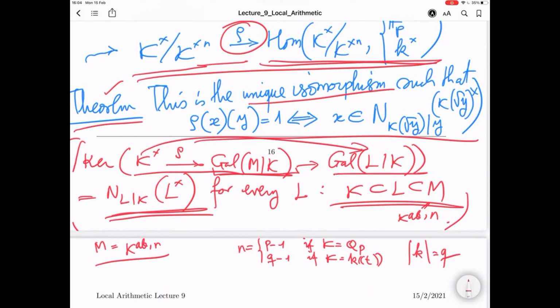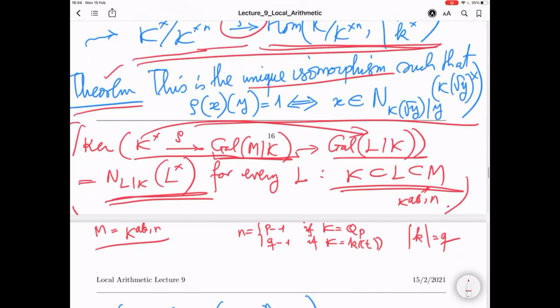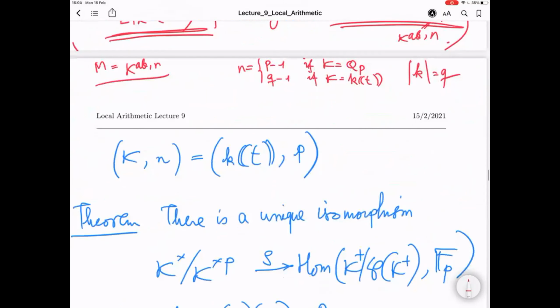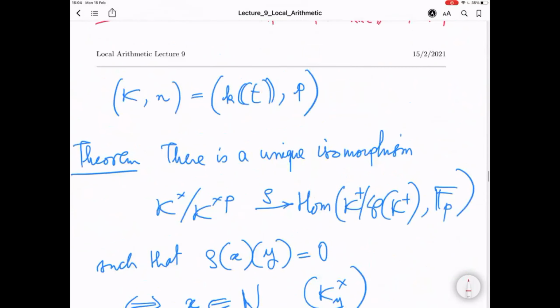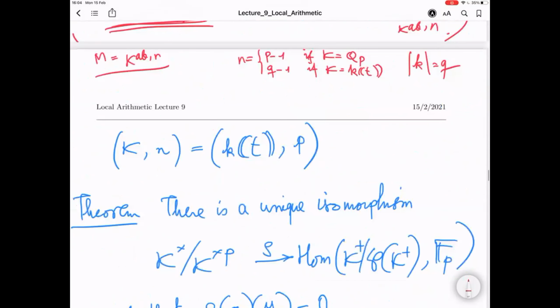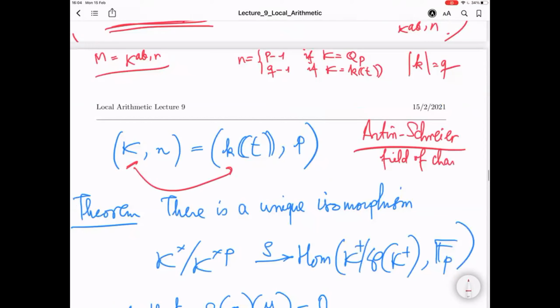Okay, so that was the other case of Kummer theory. And now this is an instance of Artin-Schreier theory. So here K is this. For Artin-Schreier theory, you need a field of characteristic P, right? So it doesn't apply to QP.